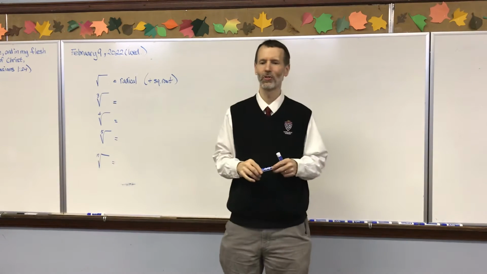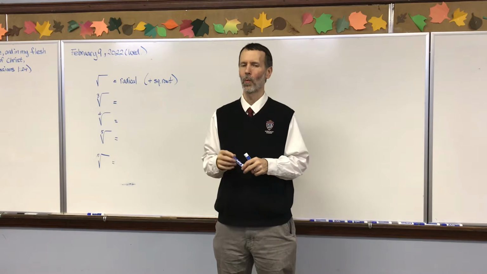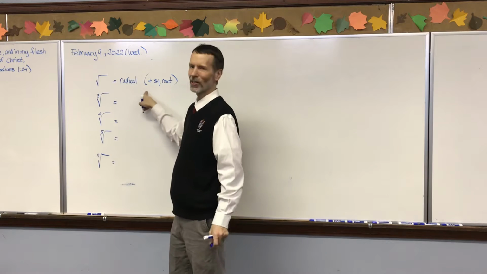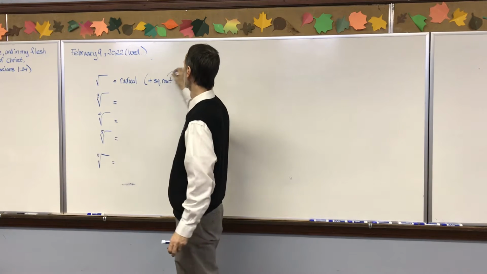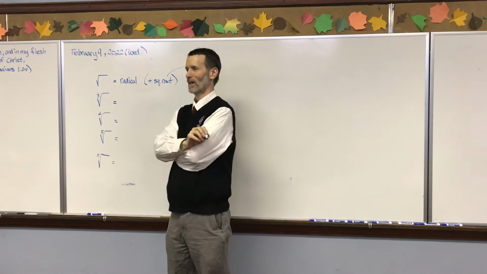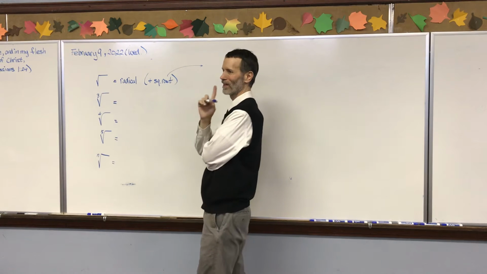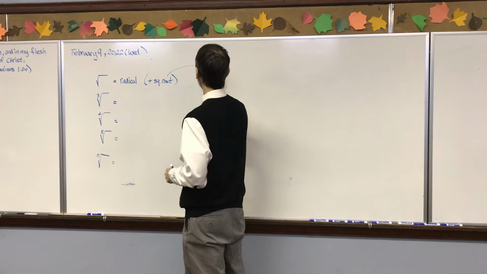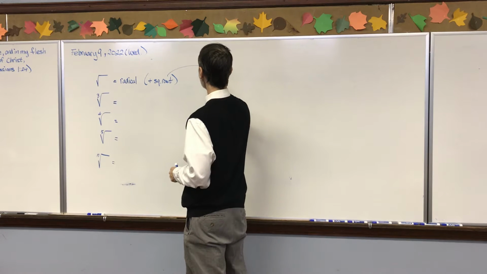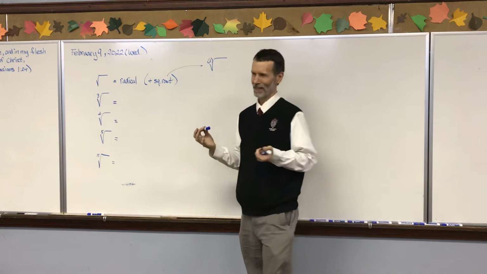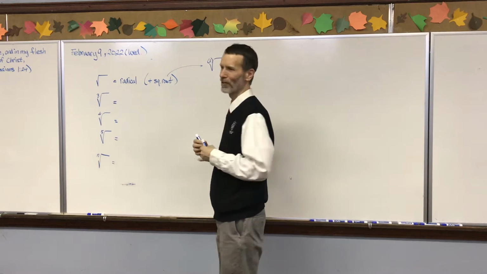But the reason they call this a square root, everybody focusing up here? Is because there's actually an invisible 2 there. They almost never write it, but it's sort of there.